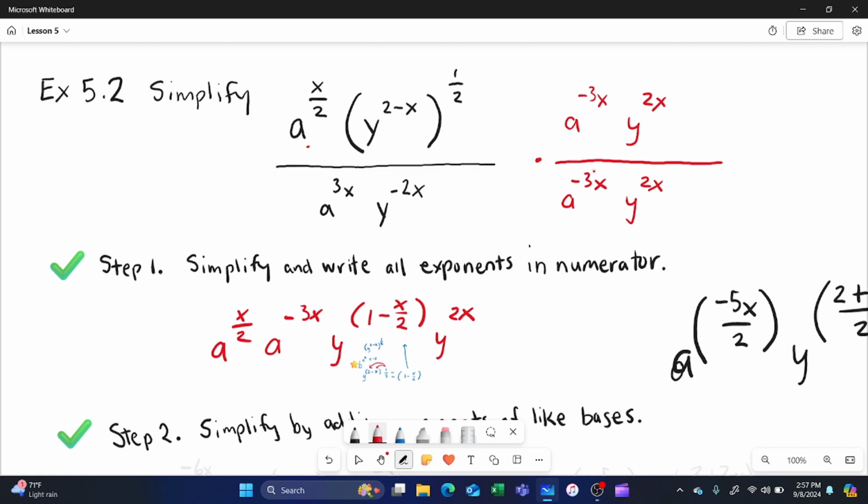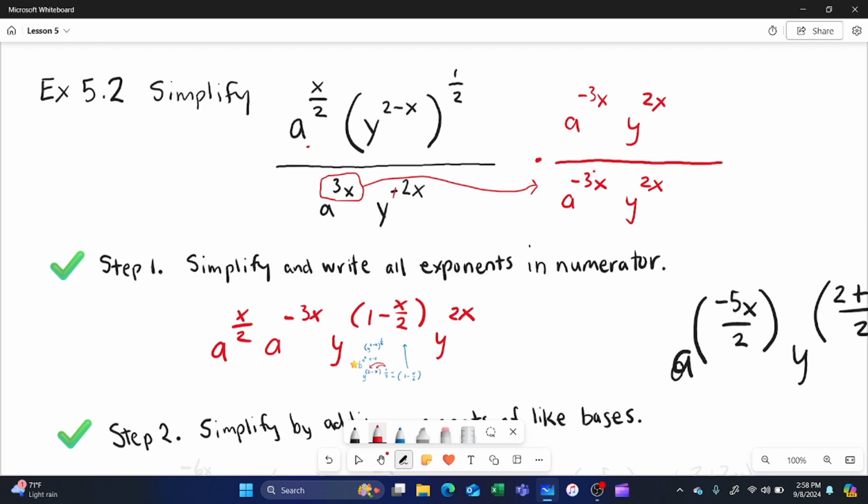We're going to simplify and write all exponents in the numerator. To do that, just invert these. So it's a positive 3, we'll turn it into a negative 3. And then, obviously here, 4 plus the 2x, you'll multiply that over itself. Ultimately, this thing is going to equal 1. So we're putting everything up into the numerator as the step requires.